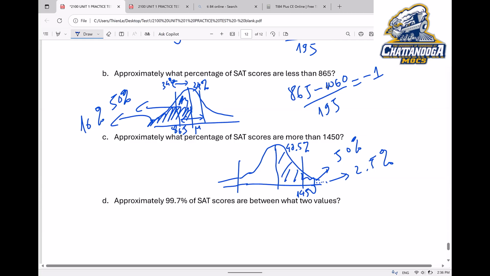The last one: approximately 99.7% of SAT scores are between what two values? This is just 3 standard deviations below and above, right? Three standard deviations below the mean is mu, in this case 1060, minus 3 standard deviations. That gives you the lower value, and the upper value will be the mean plus 3 standard deviations, so it gives you the 99.7% range.